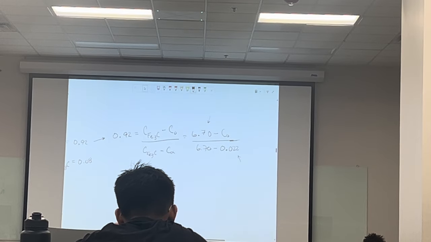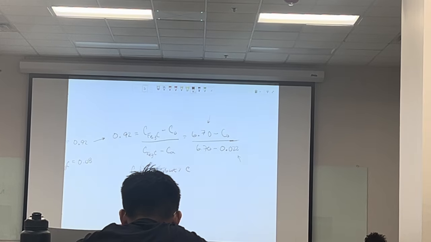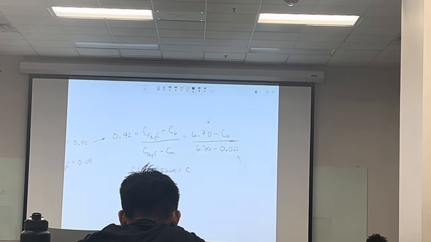And so here, if we solve for C naught, we should end up with the alloy composition, which is 0.568% carbon. Therefore, the proeutectoid phase is alpha ferrite, since the C naught is less than 0.76%.